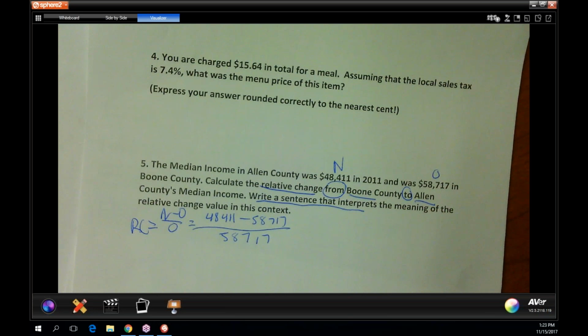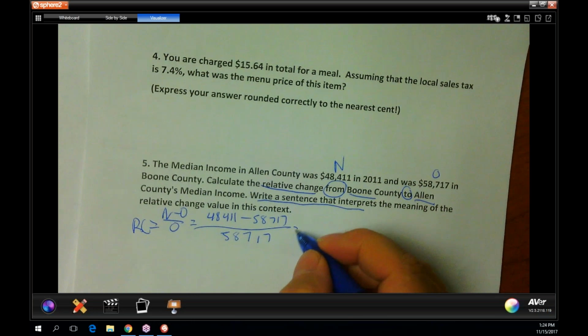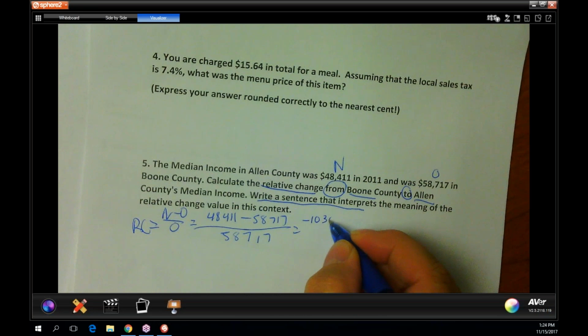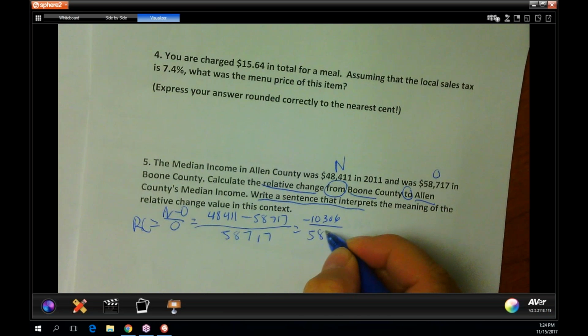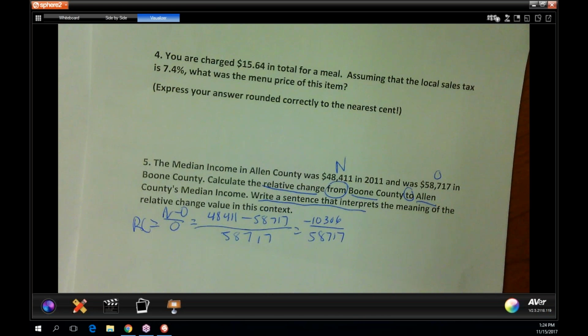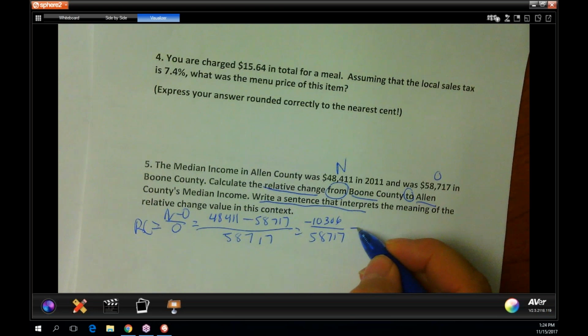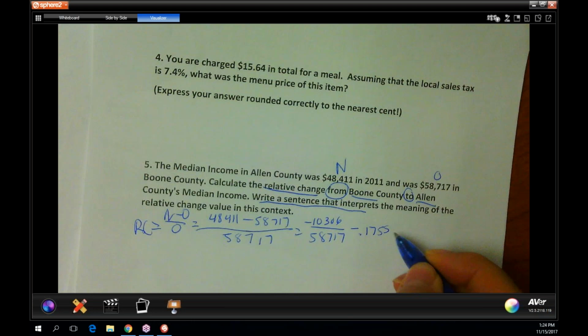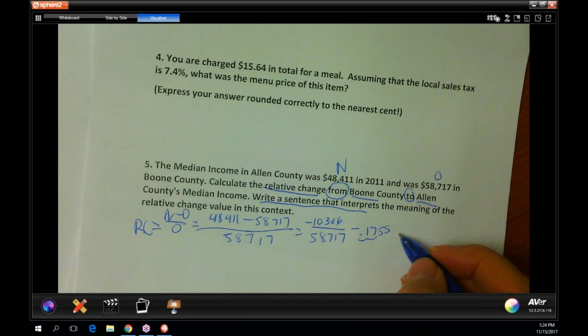Madison's changing her mind. Let's see. Make it a percent, move the decimal two places right or multiply by 100.